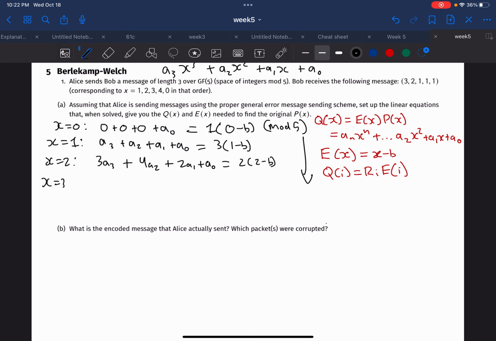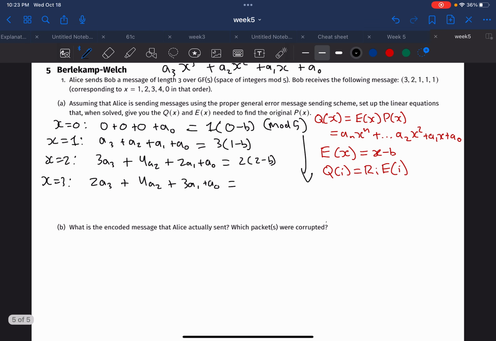When x is equal to 3, 3 cubed is 27, and 27 mod 5 is 2, so 2a_3 plus 3 squared is 9, so 4a_2 plus 3a_1 plus a_0 is equal to, the message received at this point is 1, so 1 times 3 minus b.